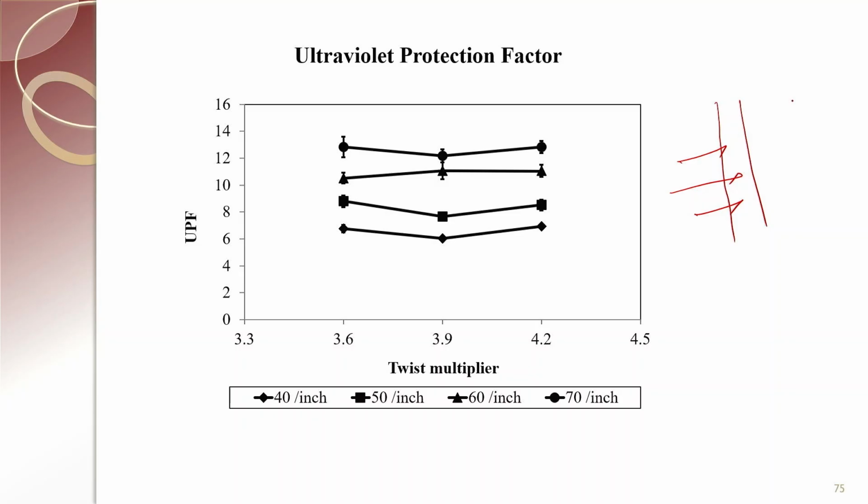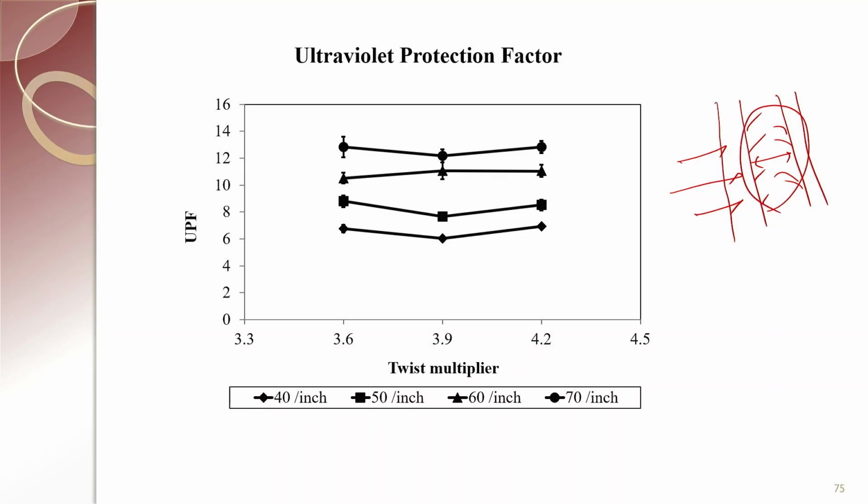Although there is an opening between the yarns, the gap is increased due to the reduction of yarn diameter. But as hairiness increases with the increase in twist, that to some extent blocks.